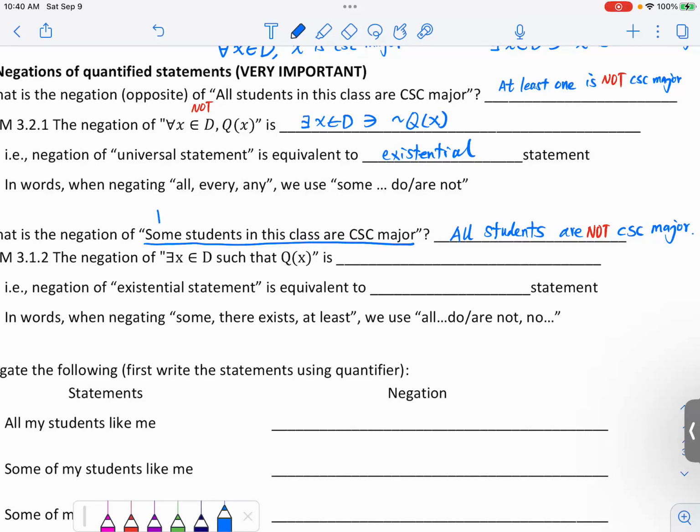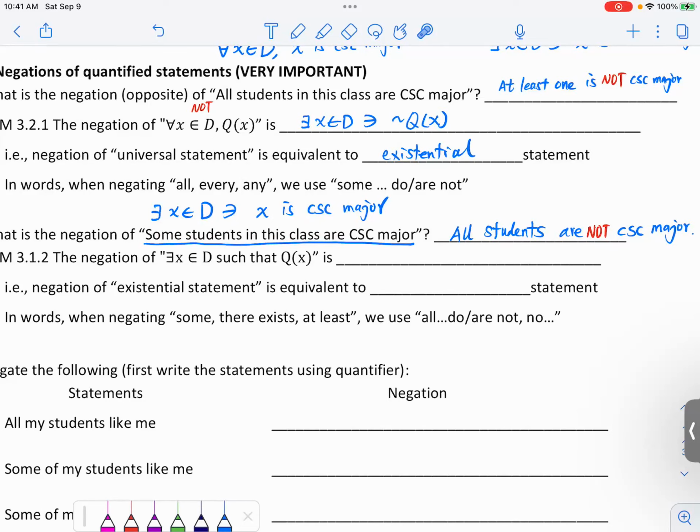Some students means there exists some student x in this class, the set of all students in this class, such that x is a CSC major. That's the statement in symbolic form.